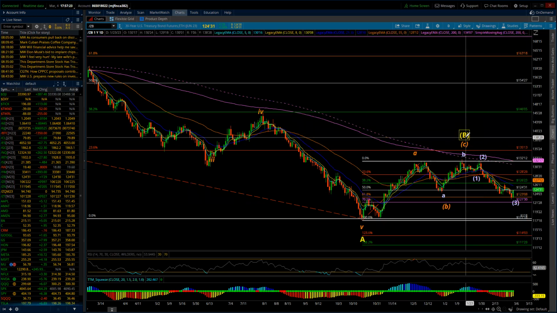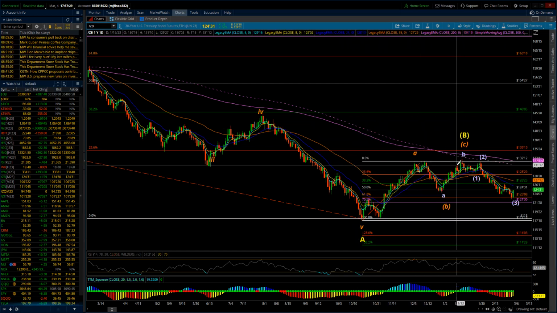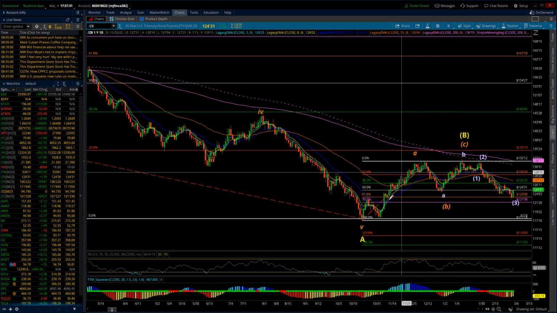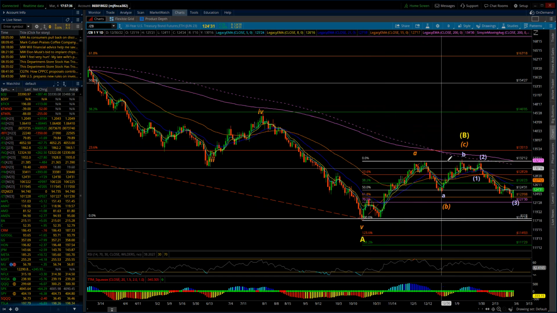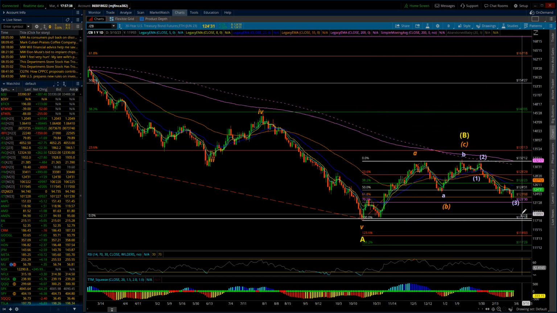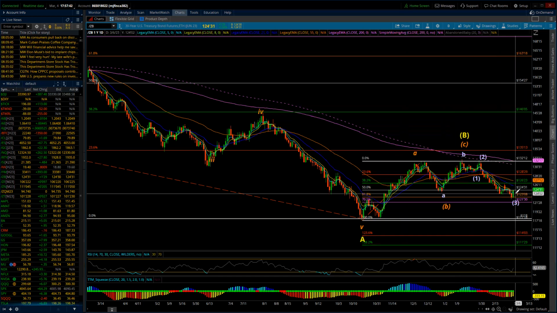Now one more thing to look at here, and the alternate count would suggest, and this is something I've discussed with a few people, that I told you we're looking for an intermediate B wave, a counter trend rally. If indeed I keep going out to the next three-month cycle, right? Interest rates continue to point to higher rates.